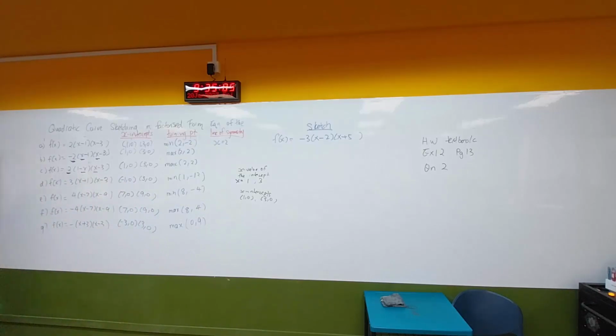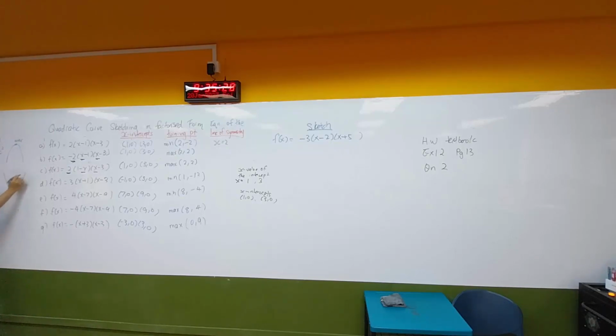Now for those who are confused, let me recap a bit. When we have negative x squared, negative 1x squared, negative 2x squared, negative 3x squared, the shape will be a frowny face. And this point here must be a maximum because it's the highest point. If it's a positive x squared, positive 1, 2, 3, even decimals are fine, you'll be happy, right?